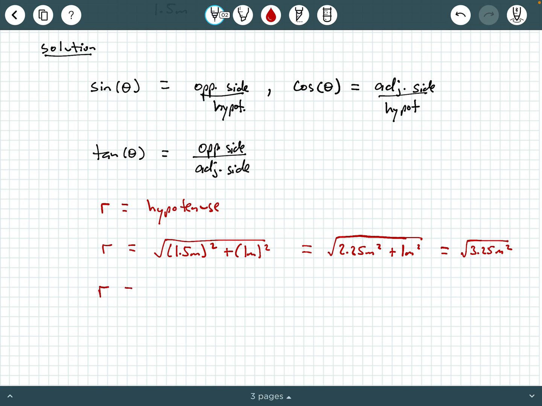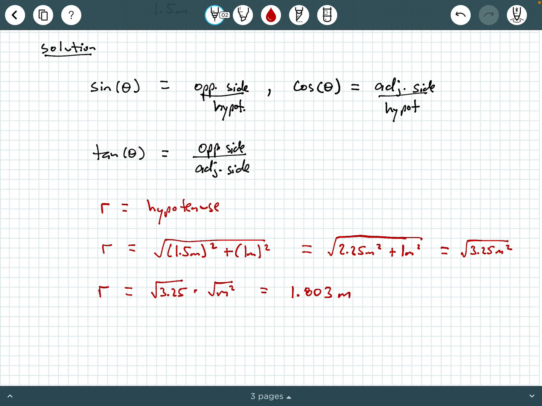And if you remember your basic algebra, you can break this square root up as the square root of 3.25 times the square root of meters squared, just to help us track our units. And so when you take the square root of 3.25, that number becomes about 1.803. And then, of course, the square root of meters squared is just left with meters.